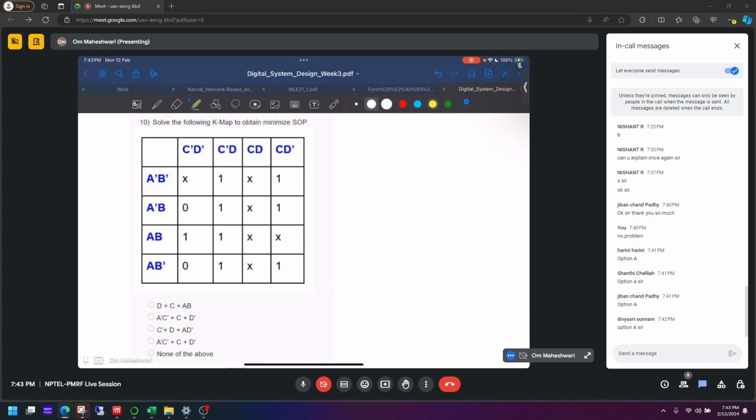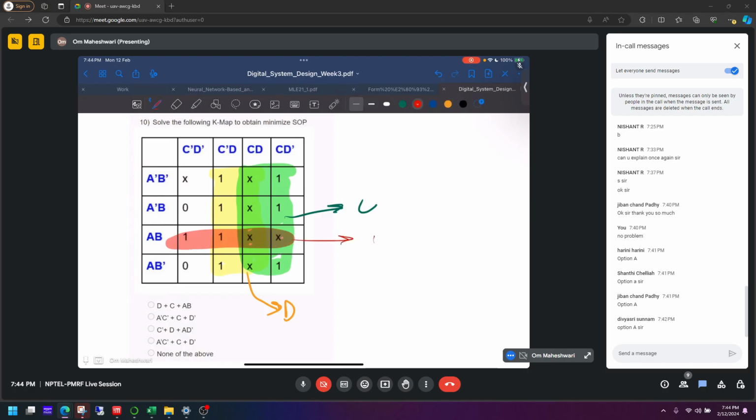So you have to form the largest pairs, right? Largest group. So one group can be this. This is D. Another group can be this. This is C. And another one can be this.